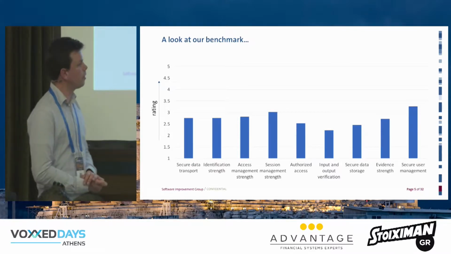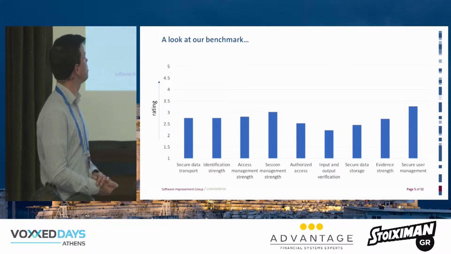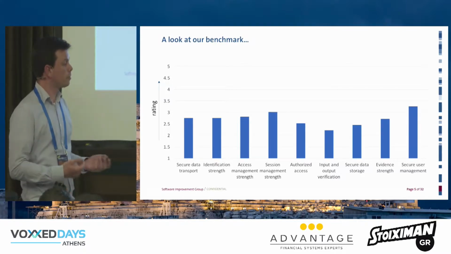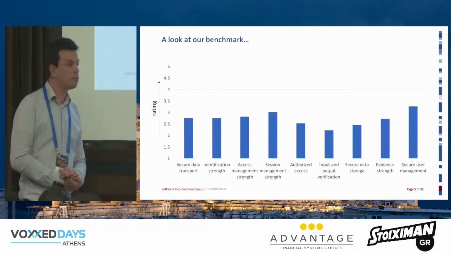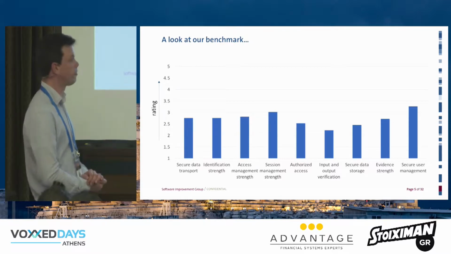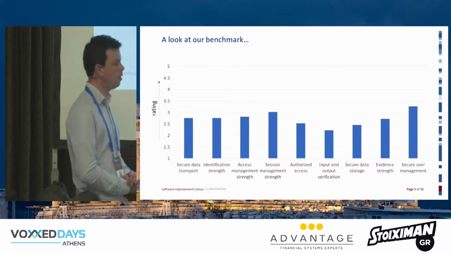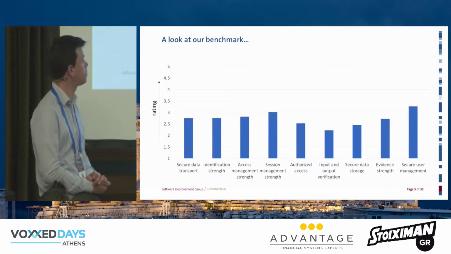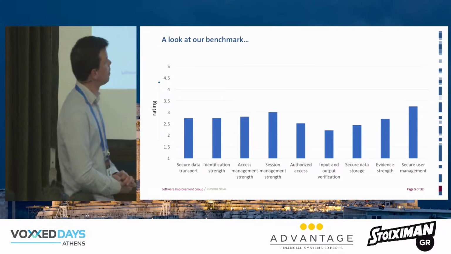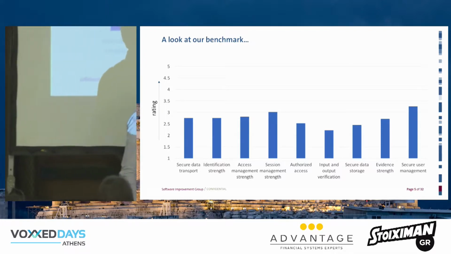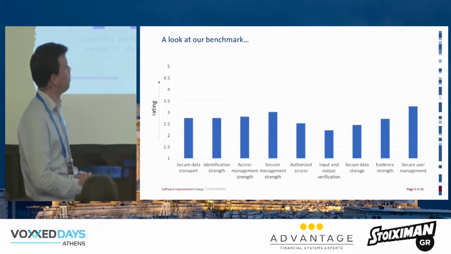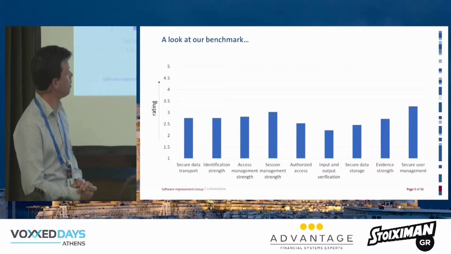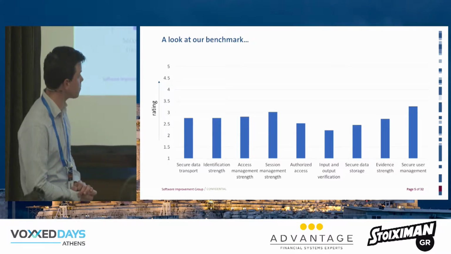You can see two things here: on average, software systems score below 3 stars in general for all the different security system properties. And there are a few of them which are a bit outlying, which only score 2 stars.